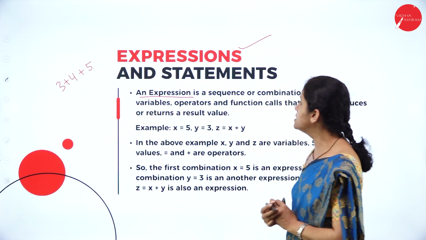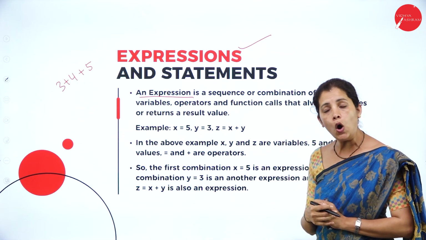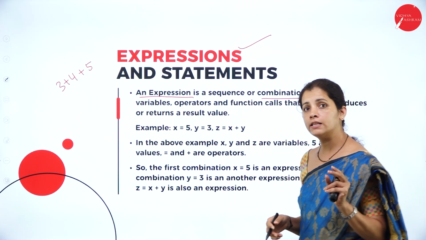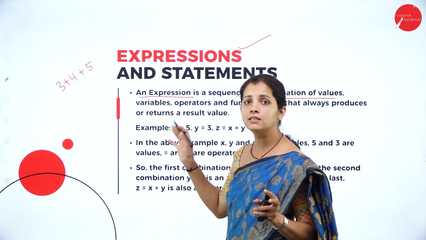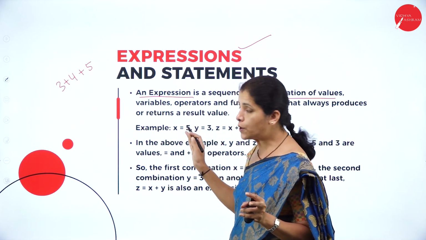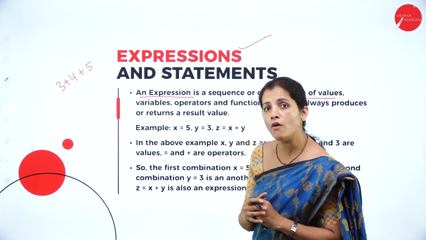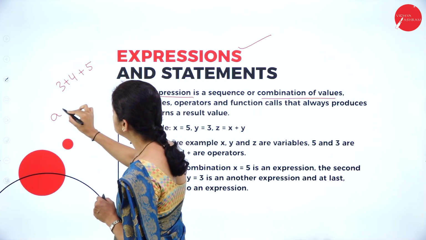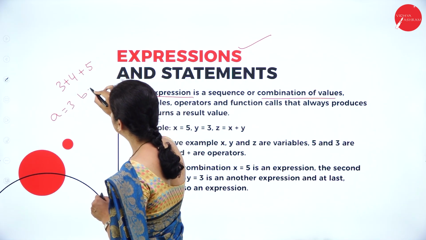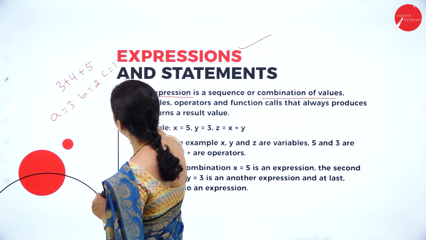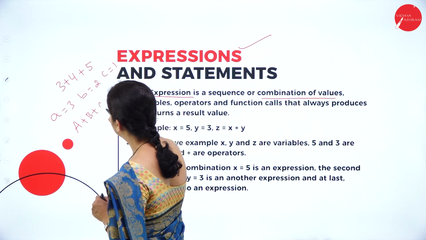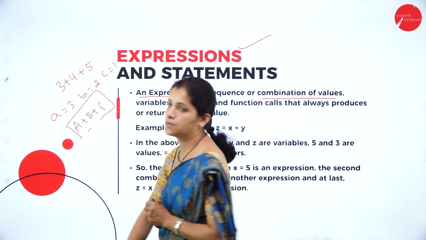An expression is a sequence or combination of values. So what is an expression? An expression is nothing but a sequence or combination of values. For example, think that A is 3, B is 2 and C equal to 1. If I write A plus B plus C, this is known as an expression.